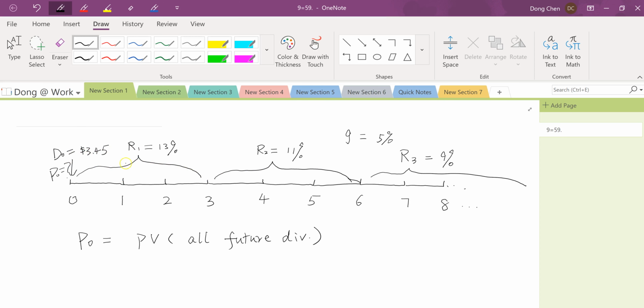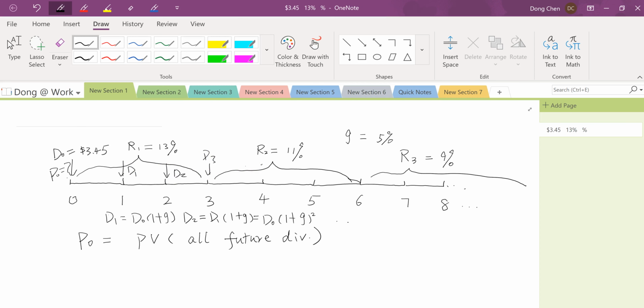D1 equals D0 times 1 plus g. And further, D2 equals D1 times 1 plus g. And because D1 equals D0 times 1 plus g, if we plug that in, we get D2 equals D0 times (1 plus g) squared, and so on and so forth. So this is D1, and this is D2, and this is D3.